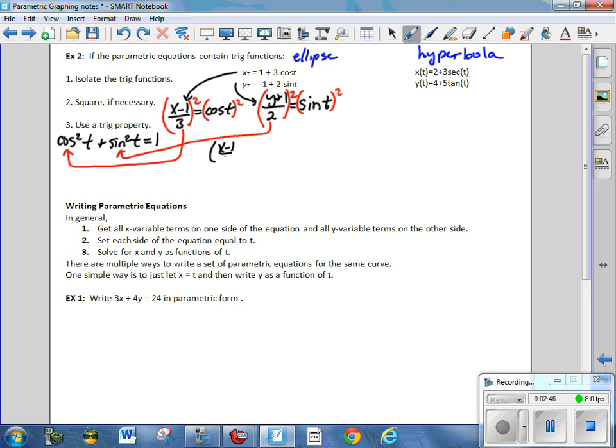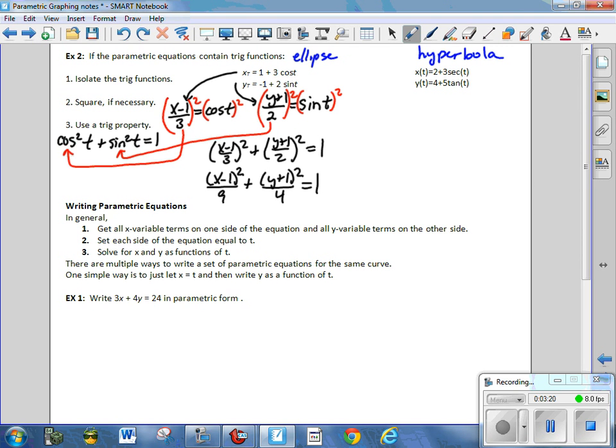So x minus 1 over 3 squared substitutes for cosine squared of t, plus y plus 1 over 2 squared, which substitutes in for sine squared of t, equals 1. And there's the equation of the ellipse. To write it the way you're more used to seeing it, this would be x minus 1 squared over 9 plus y plus 1 squared over 4 equals 1. So there's my equation.